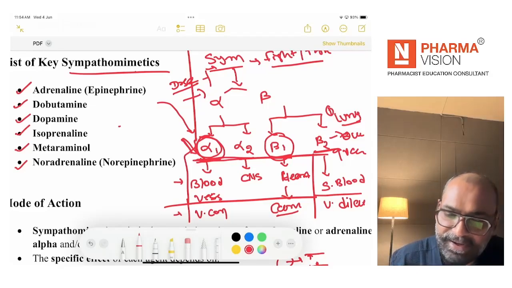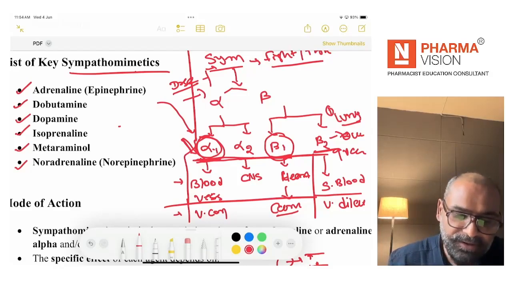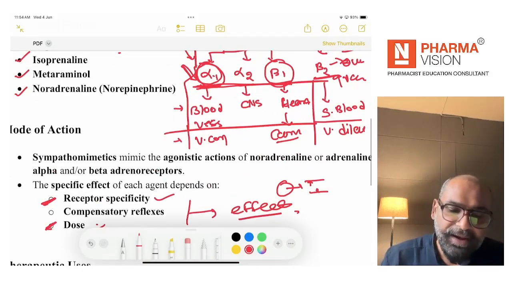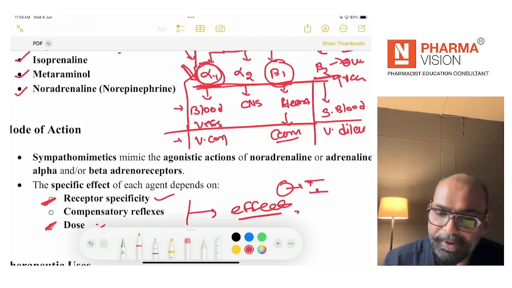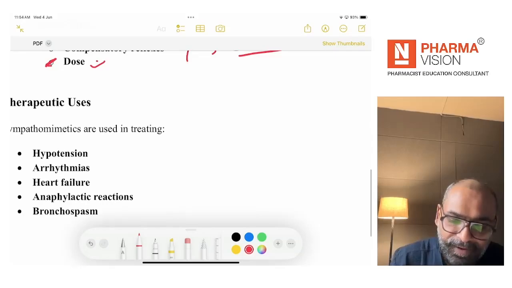Each and every medication has a different level of effect on the different receptors. Mainly these medications have two primary purposes. One is heart failure.